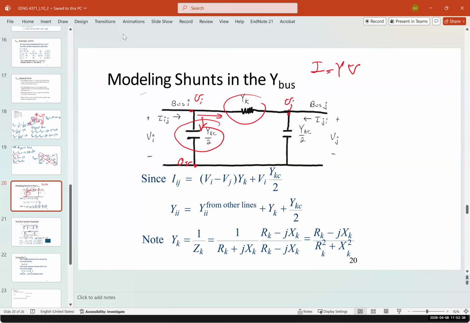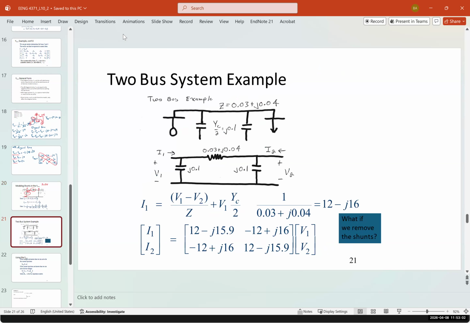Note that YK is 1 over ZK, its impedance, which is equal to 1 over RK plus jXK. Multiplying by the conjugate, RK minus jXK, it is going to be equal to RK minus jXK over RK squared plus XK squared.